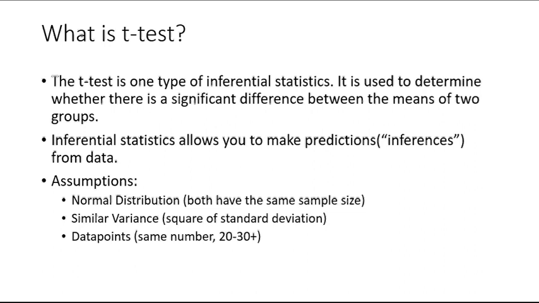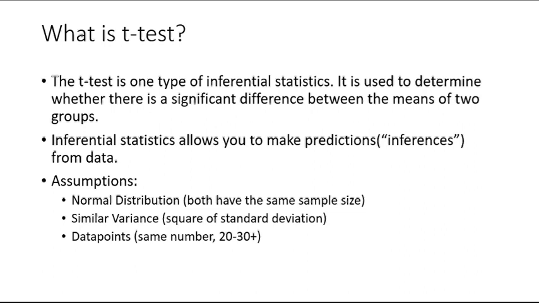Remember that the t-test is used to determine the significant difference between the means of two groups, because the mean, or the averaging of a group of data, doesn't provide the full picture when we want to compare the data.